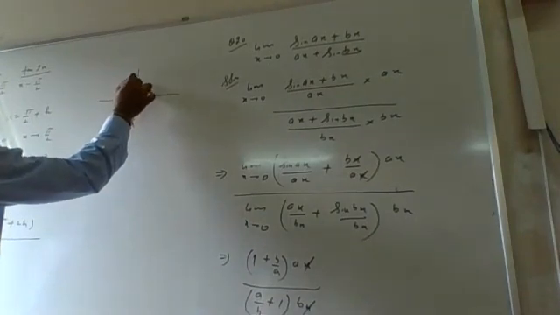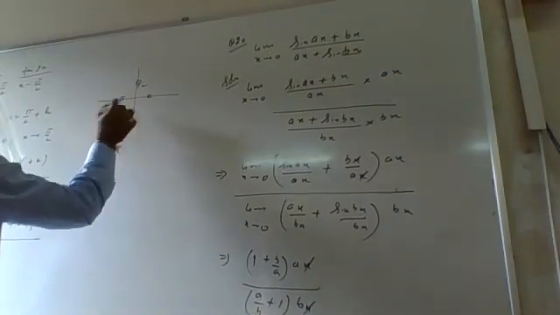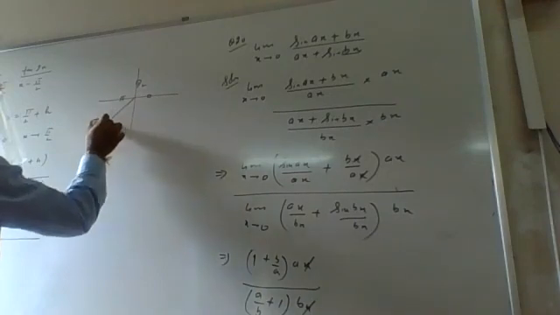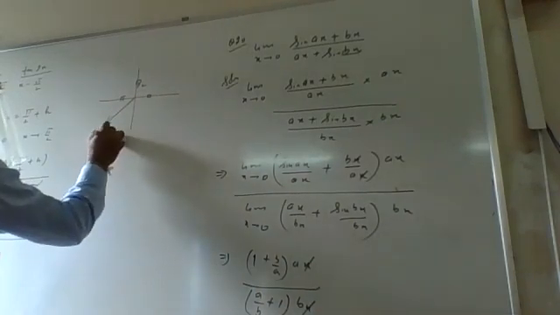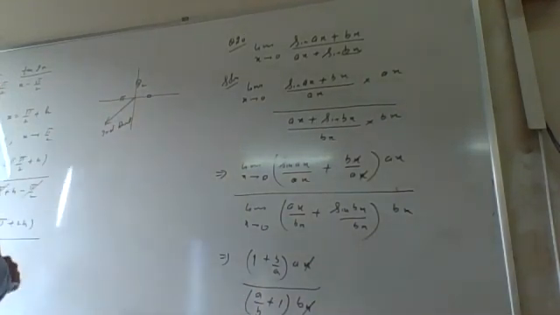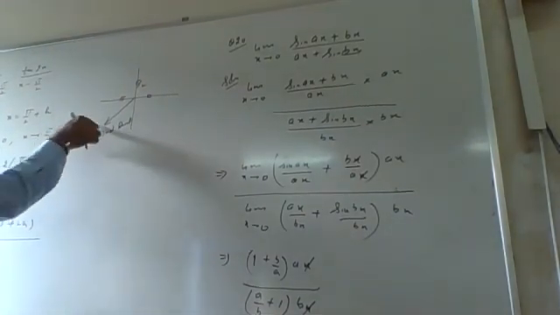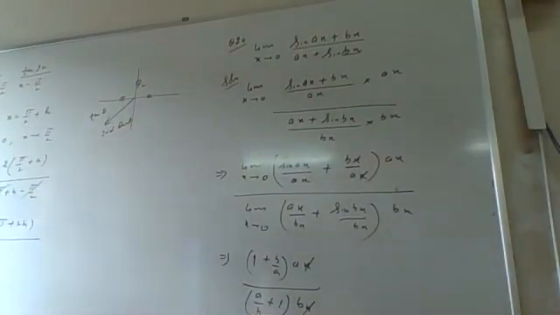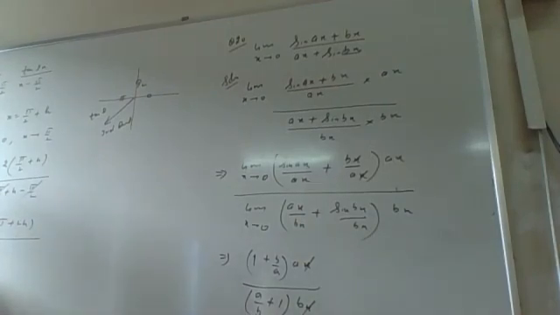This is my 0, this is my pi by 2, this is my pi. When I add something to pi, the things will go into the third quadrant. So tan pi plus theta, in the third quadrant, tan is always positive. So tan pi plus theta, this is limit h tends to 0, tan theta.